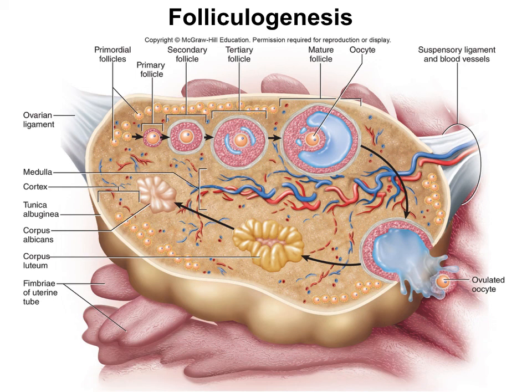Normally, only one tertiary ovarian follicle completes the last transition into a mature ovarian follicle. This follicle is called a dominant follicle, and it has the ability to sequester follicle-stimulating hormone, while none of the other follicles in its cohort can.